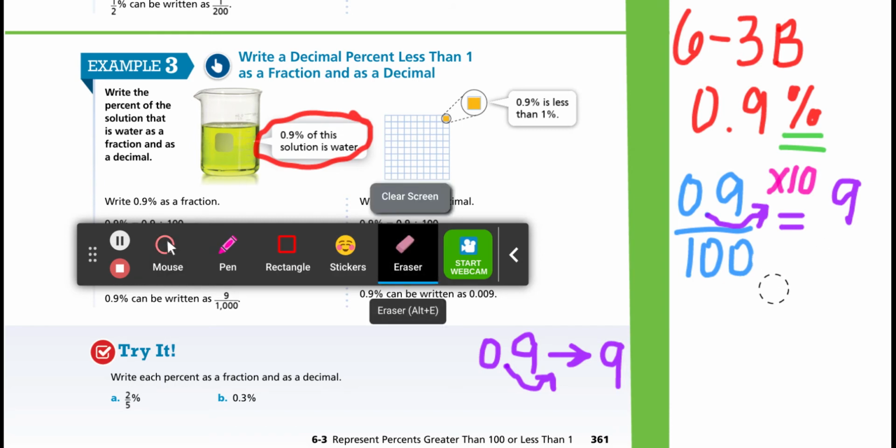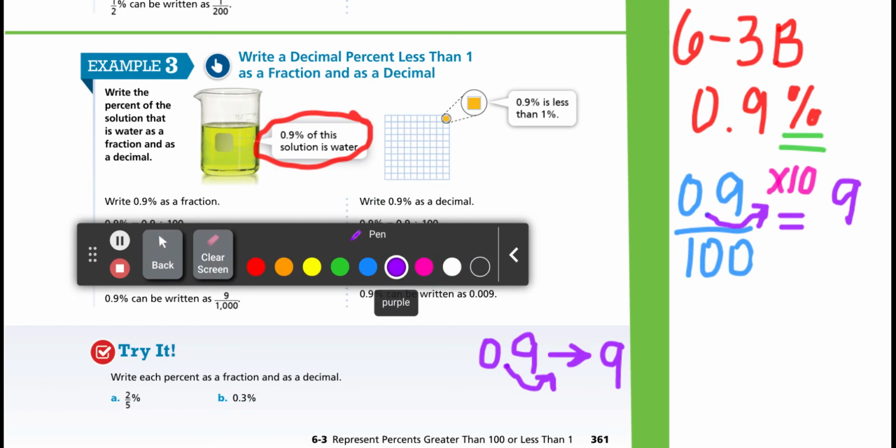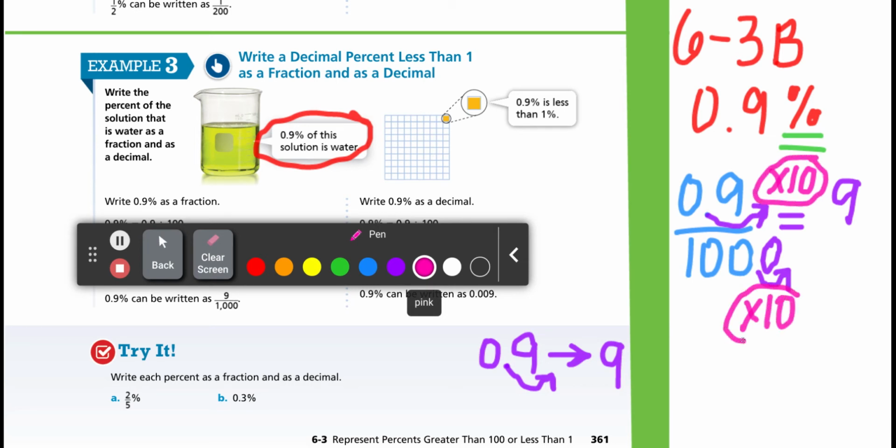So if we moved that decimal up top once to the right, we're going to be moving the decimal on the bottom once to the right. And then we will have to fill in a 0 there. And really what we're doing is we're multiplying 100 times 10, because on the top you multiplied by 10. So on the bottom you have to multiply by 10. 100 times 10 is 1,000.